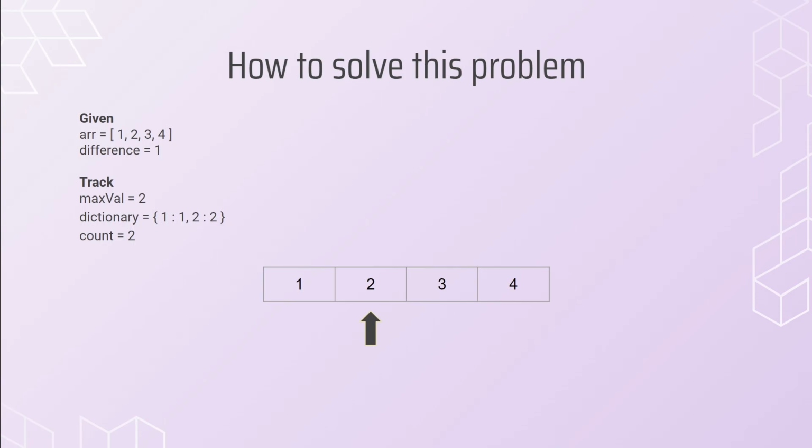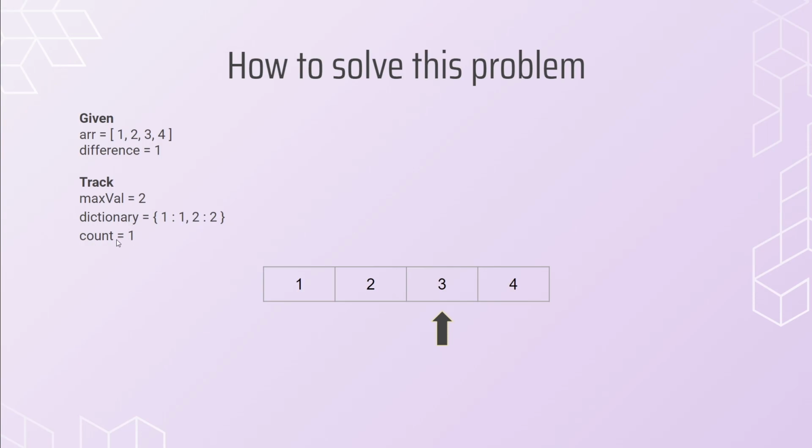Next, we go to the next value, which is 3, and we update our count. As you noticed, our count gets updated, and so does the index we're currently looking at. Once we do that, again, we check if the current value, which is 3, minus the difference we're given, so 3 minus 1, is in the dictionary. In our case, 3 minus 1, which is 2, is inside of the dictionary as a key, so we add that value to the count.